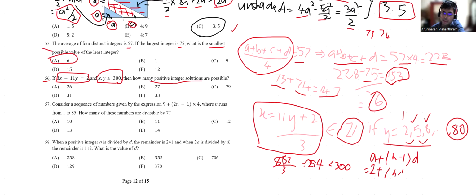The last term is 80, and d is equal to 3. So the difference between each term is 3. If you simplify this, 3n minus 1 is equal to 80. So 3n is equal to 81. Therefore, n is equal to 81 by 3, which is 27. So the answer is 27, which is option B.